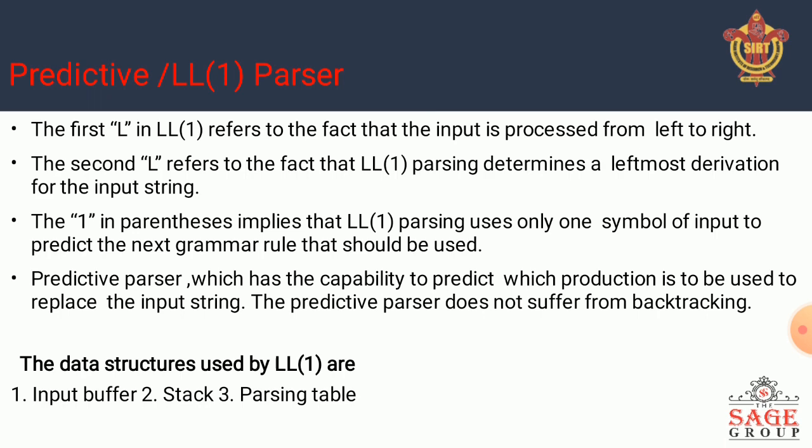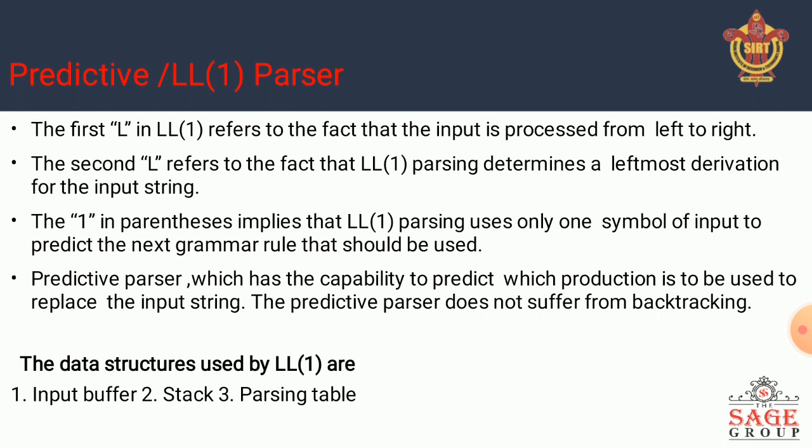Now we come to the definition of what we mean by predictive or LL1 parser. Firstly we explore the meaning of LL1 parser. We have three letters. The first L in LL1 refers to reading sentences from left to right.